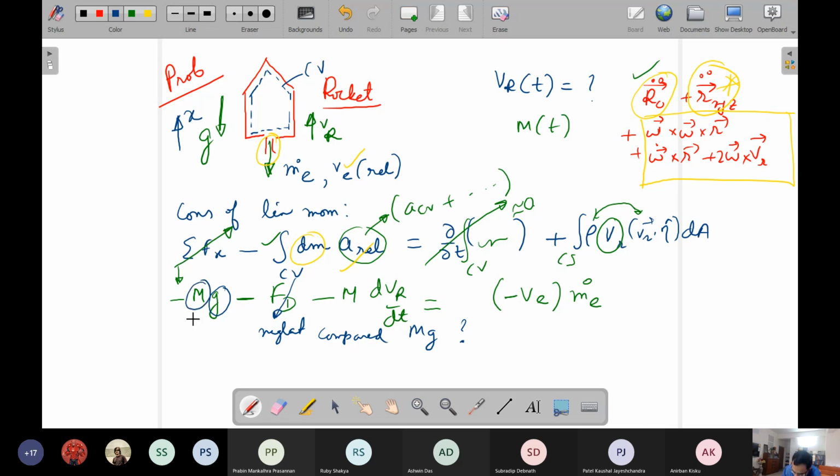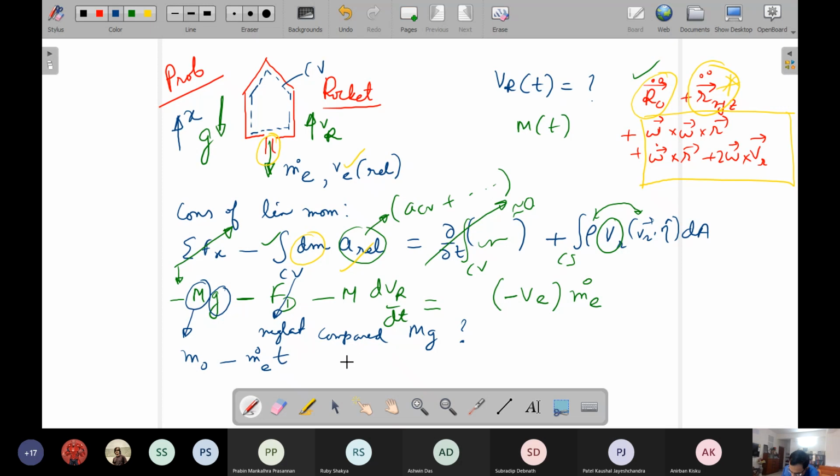Now the mass of the rocket, which is there, just referring to the previous class example of the water coming out of the tank, similar, you can do the mass balance, but in a very simple, intuitive way also you can say that the instantaneous mass of the rocket, whatever are the contents of the rocket, that is the solid mass and the fuel, is the initial mass minus the mass that has left over the period of time. That is the instantaneous mass.